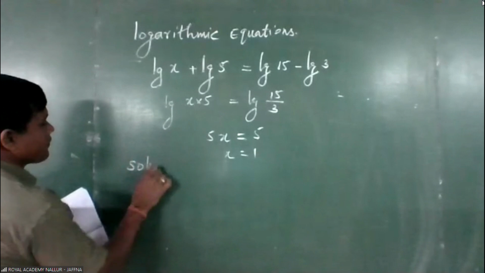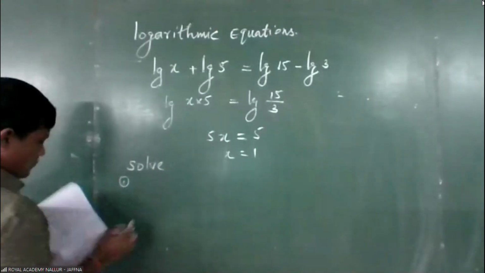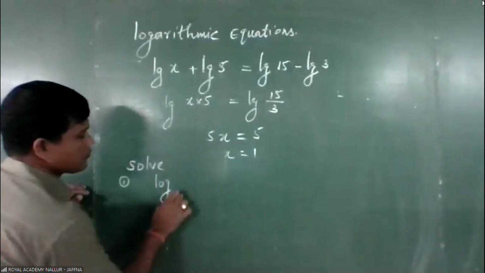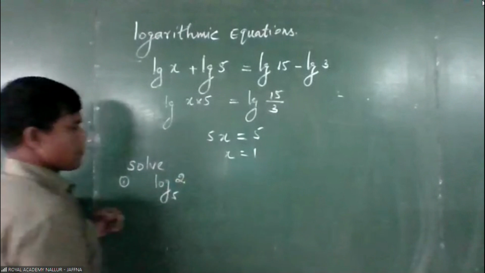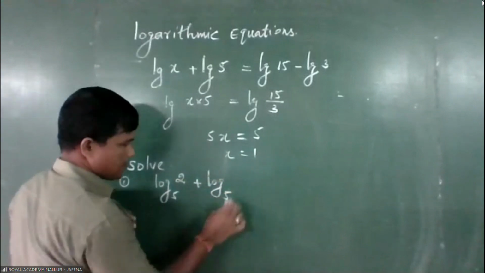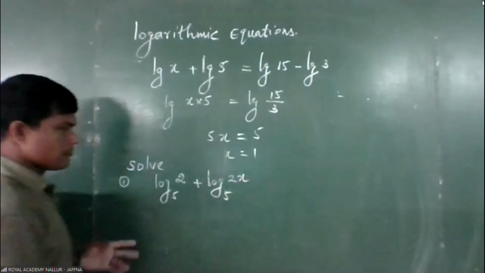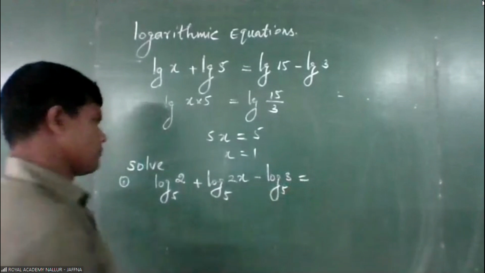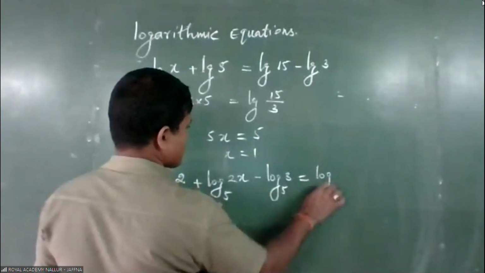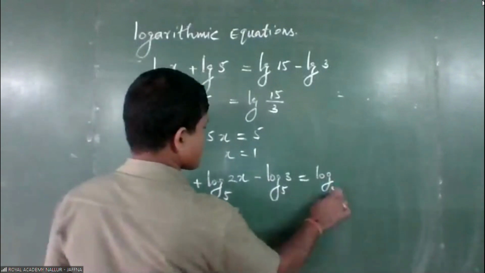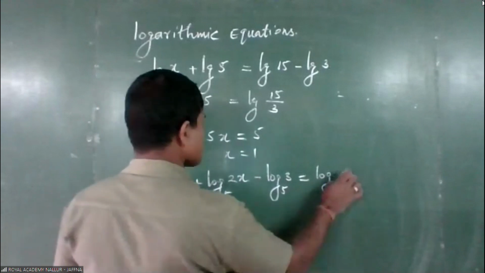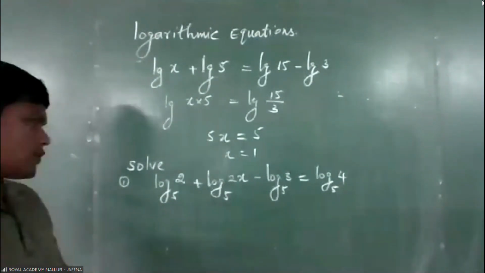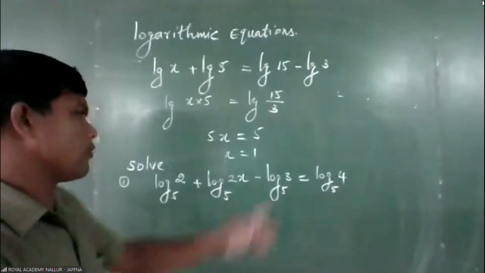Number 1, you try to solve this. Here's an equation: log 2 to the base 5 plus log 2x to the base 5 minus log 3 to the base 5 is equal to log 4 to the base 5.